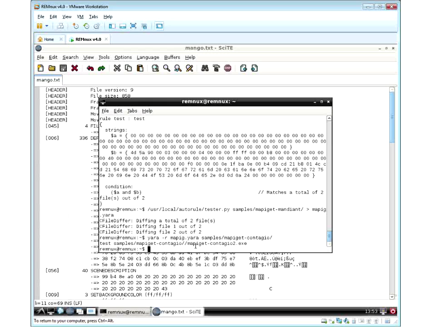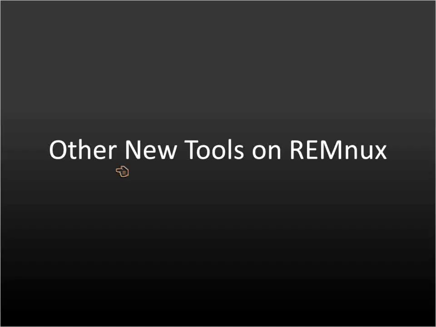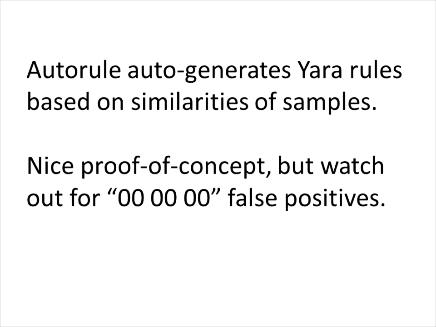Now, there are actually two mappyget variants there, so the automation isn't perfect. There is one mappyget file that it failed to identify, but still it's pretty good, if nothing else, to demonstrate this concept for automatically generating signatures in the Yara format.